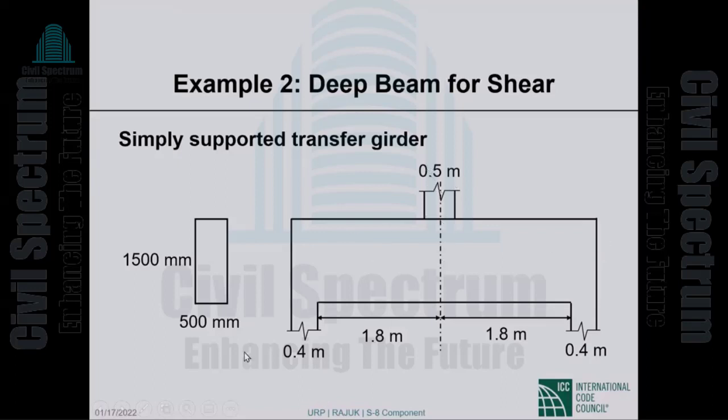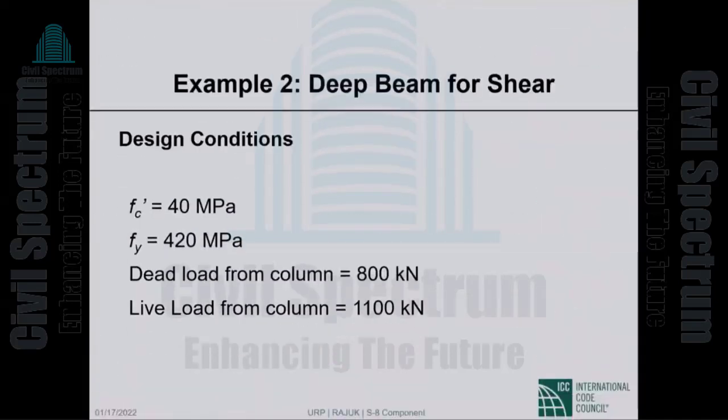This is a column coming down onto the girder, and then the girder is supported on two columns that are 3.6 meters apart, and the columns are 0.4 meters, 400 millimeters wide. So this is 1.8 meters, this is 1.8 meters. 1500 by 500 is the section.